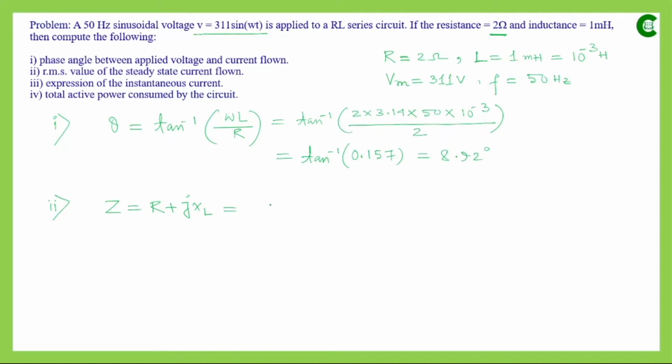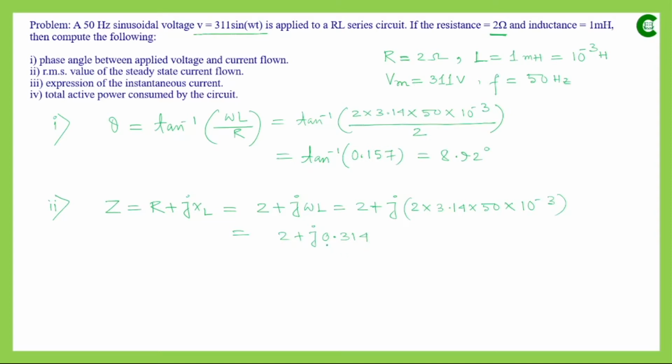The R value is 2 ohm plus jXL, and XL value is omega L. So it will be 2 plus j, and omega is 2 multiplied by 3.14, then f which is 50, and then L value which is 10 to the power minus 3.